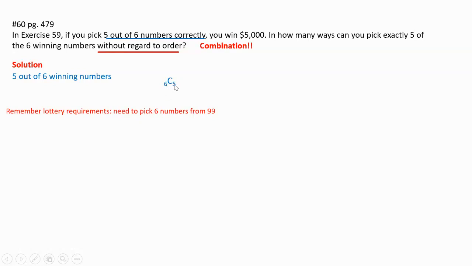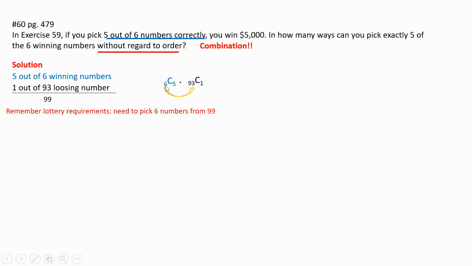So we already got 5 correct numbers of the 6. What is left is 1 out of 93, right? We still have to pick another number because it requires picking 6 numbers out of the 99. So it's going to be times 93 combination 1.